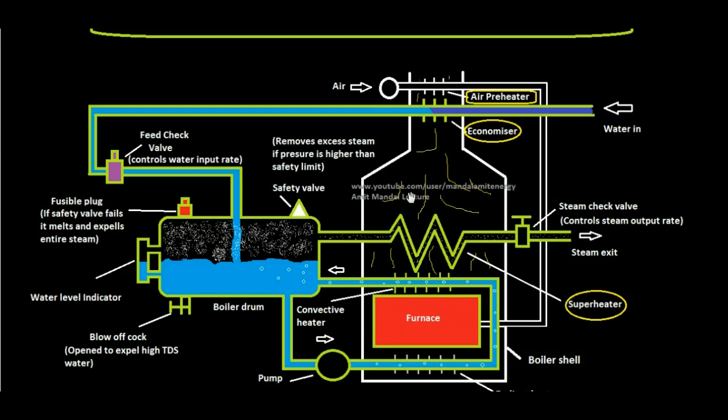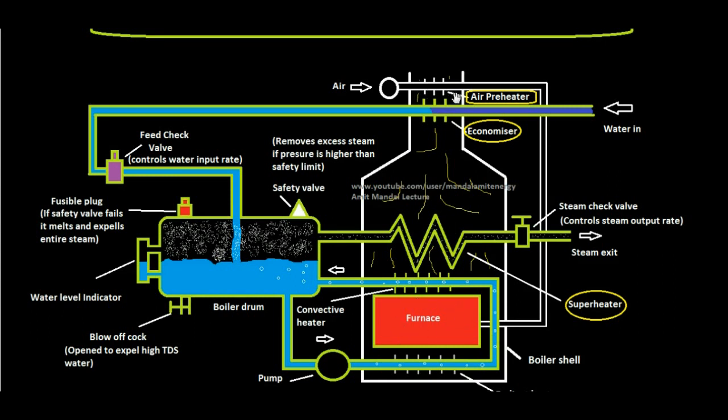Instead of putting in cold air, if hot air is let to go inside the furnace, it improves the combustion performance. Reason being, if cold air is fed inside, first that cold air comes to the temperature at which combustion can take place, and only then can combustion take place. So to heat up that cold air, some energy is wasted. If hot air is already coming, the efficiency of combustion will be improved.